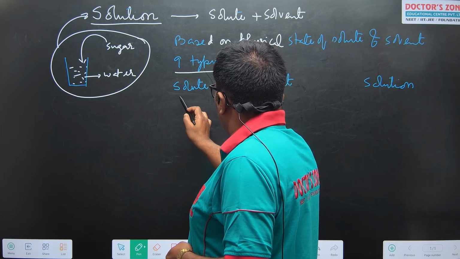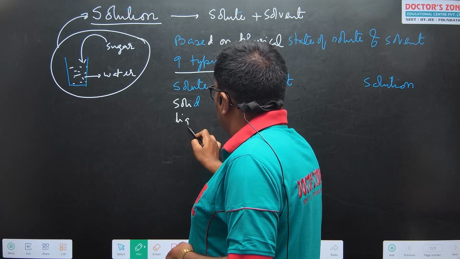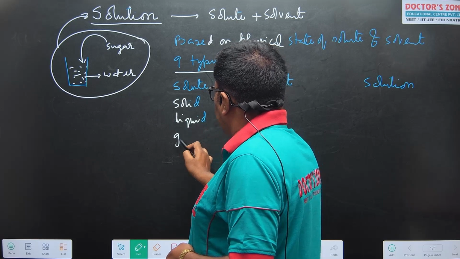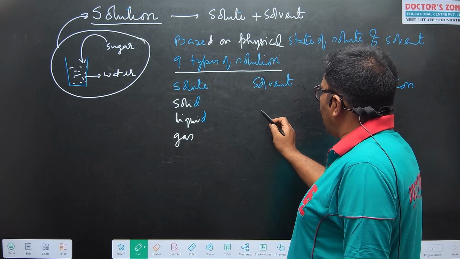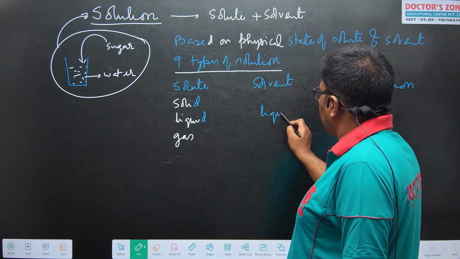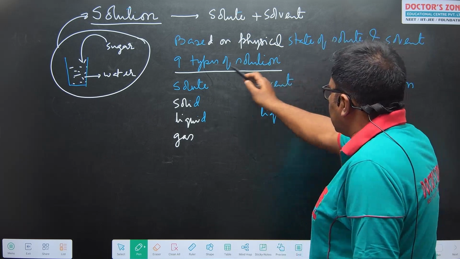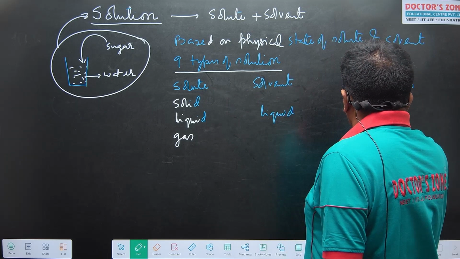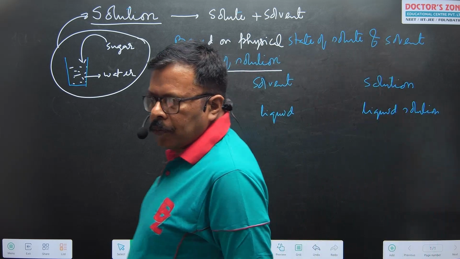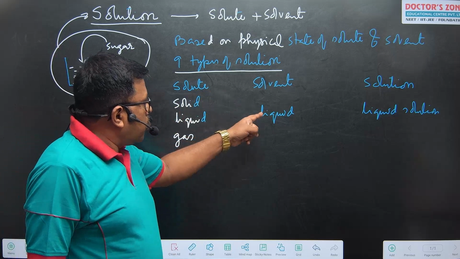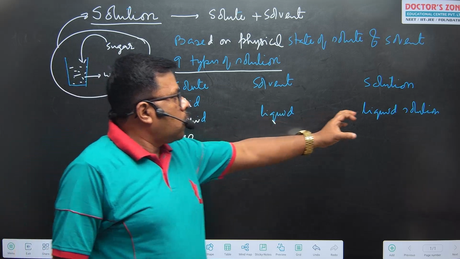Suppose you have solid, liquid and gas, and the solvent is liquid. Then we call this a liquid solution. So if solid is dissolved in liquid, liquid is dissolved in liquid, or gas in liquid, then it is called a liquid solution.